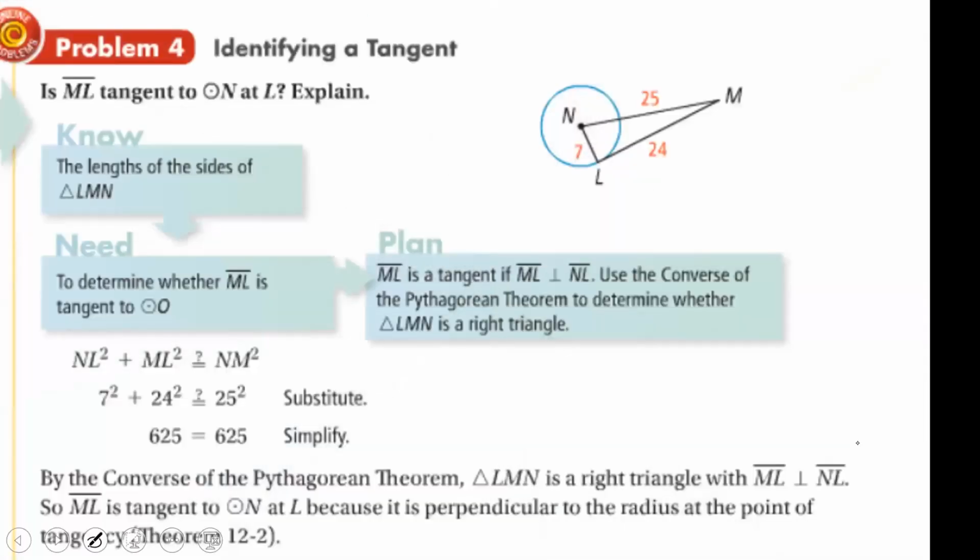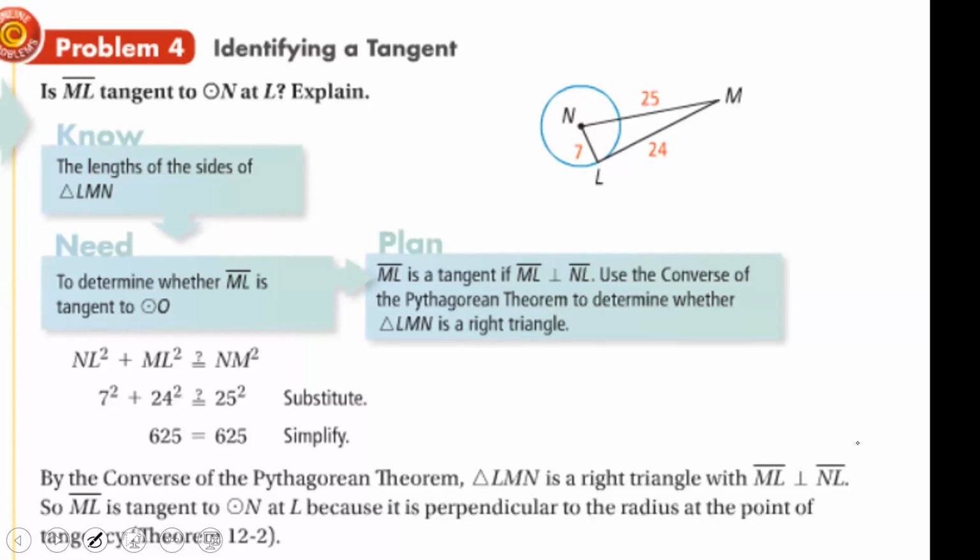Let's see here now. In this problem, they told me that sometimes there is a line that intersects a circle, but this line couldn't be a tangent line, because the tangent line must be perpendicular to the radius.